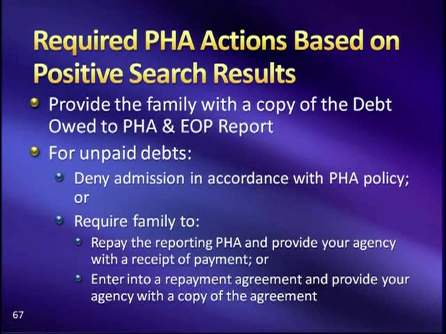Now, here's another caveat that you can say to Amber. Amber, we can't continue processing your application for assistance at this time. However, once you repay the Cleveland Housing Authority and provide us with a receipt, then we can begin processing your application.